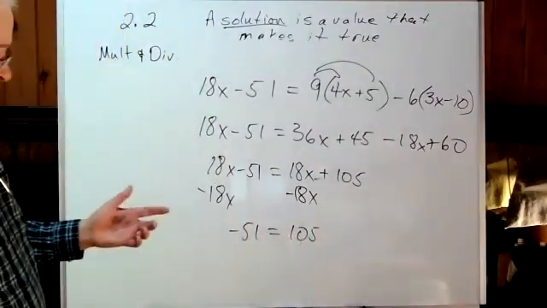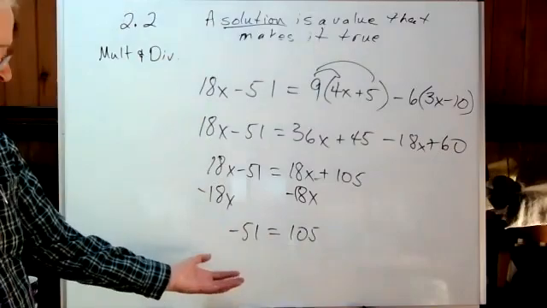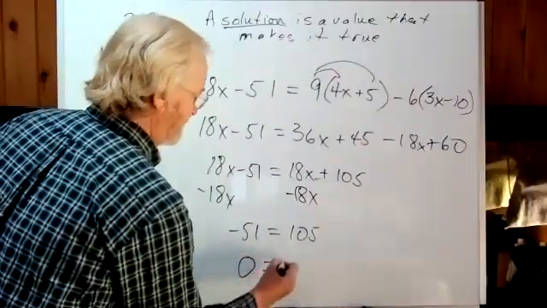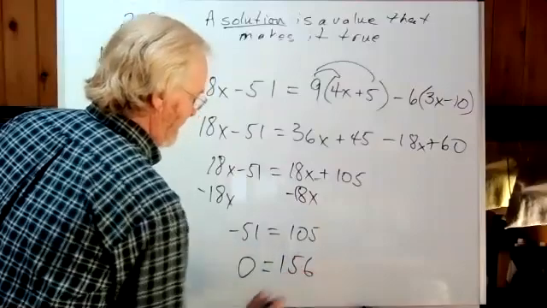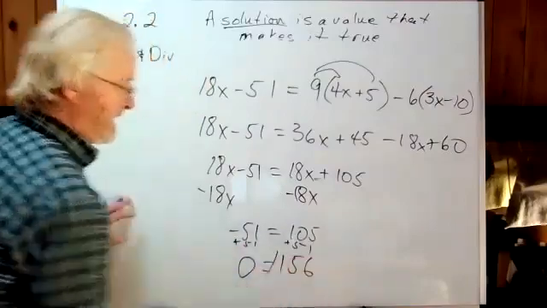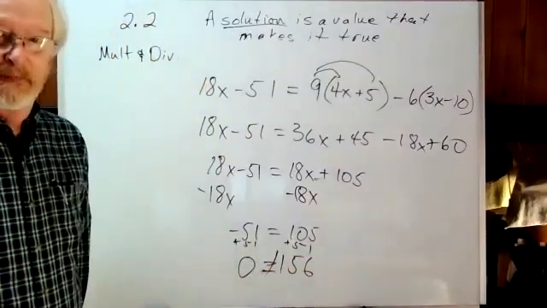This got me down to no more x's. So I could even stop right here, but I could try to add the 51 to both sides. If I added the 51 to both sides, I got to, that's not true. That's false. So that would be the correct answer.